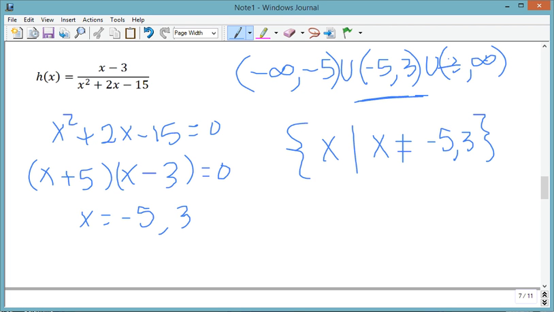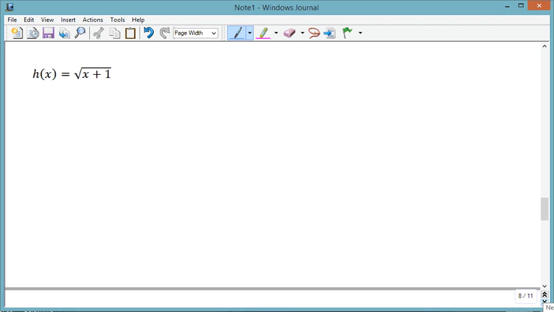So we also have another case where we have to consider for a domain, and that's when we use a square root. Because like I said, we're talking about real numbers. We want to be able to graph it. We're working in the real numbers.